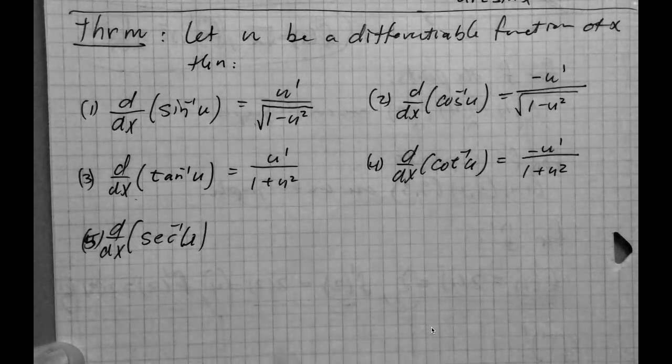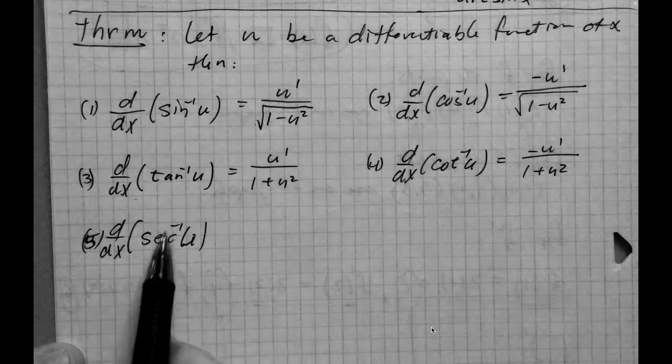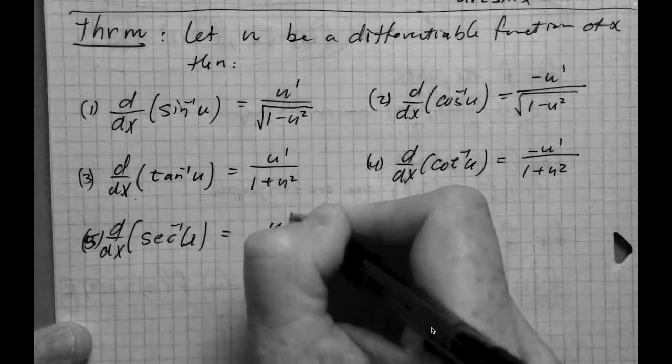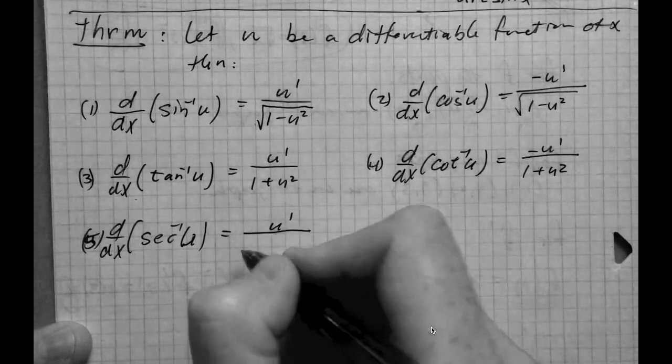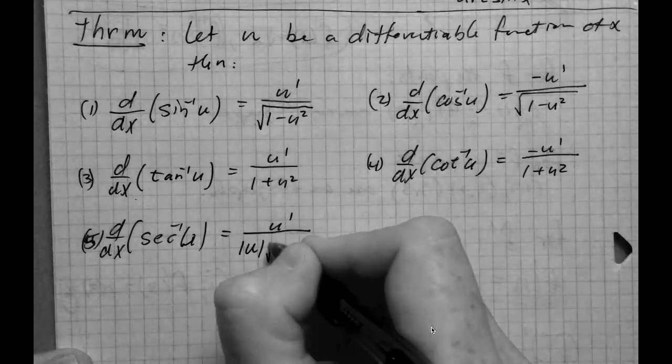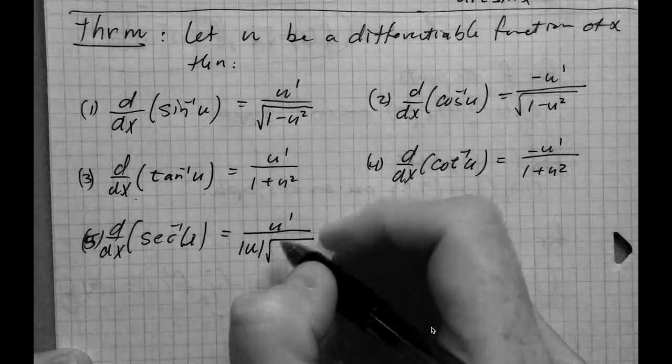So this is the inverse secant of u, the derivative, and it is going to be u prime divided by, now here it's the absolute value of u, so the function u itself out front, and then divided by the square root of u squared minus 1.